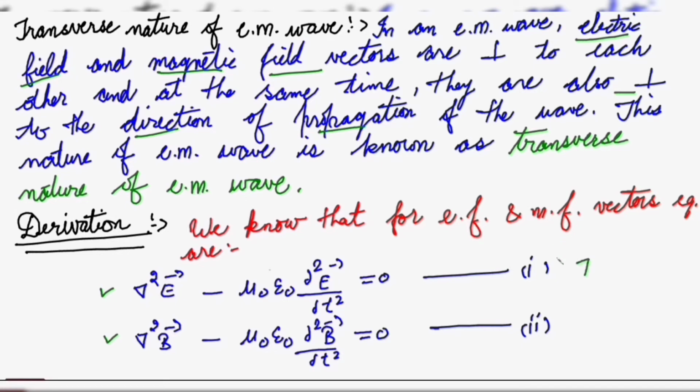So here we have two equations for this derivation, where we use this equation in this. From equations first and second, where we use mu naught epsilon naught, we know c is equal to 1 upon square root of mu naught epsilon naught.